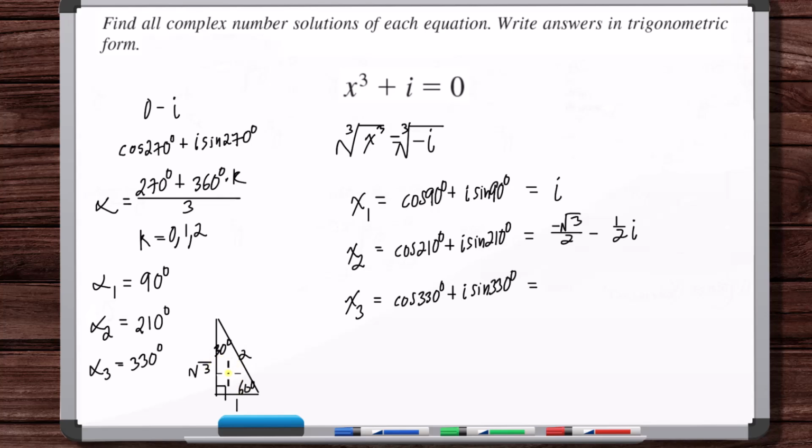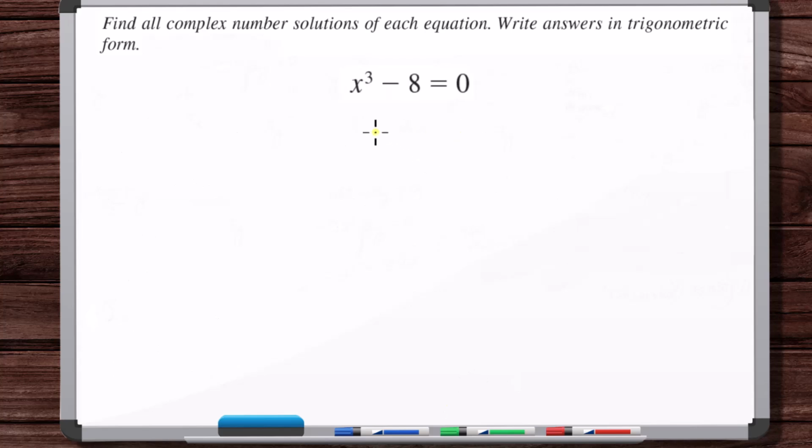Fourth quadrant now, reference angle 30. Cosine 330 is going to be positive root 3 over 2, and then minus 1/2 would be sine of 330. And there you go. Those are 3 solutions. So we can see, what is I cubed? Well, we know that's minus I, right? Well, minus I plus I is 0, you see?